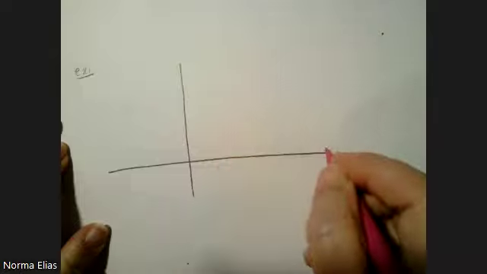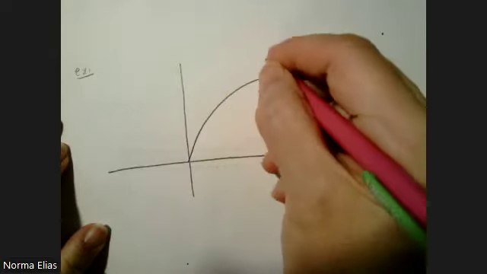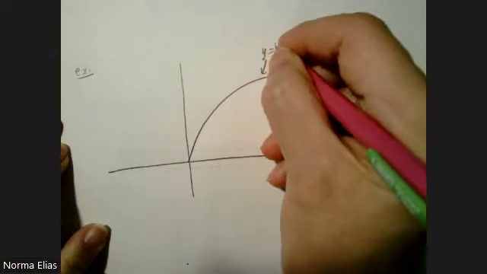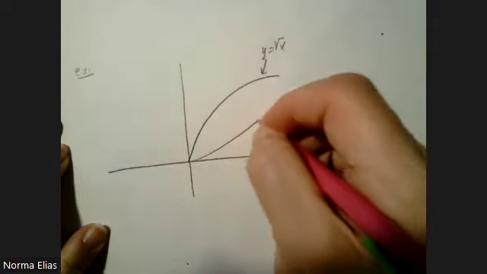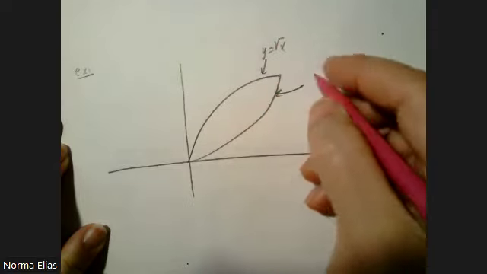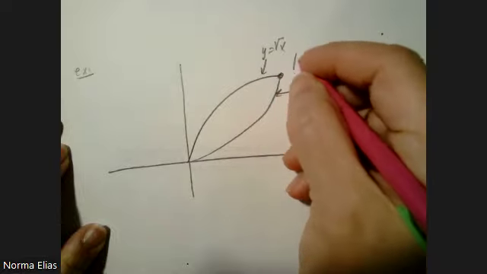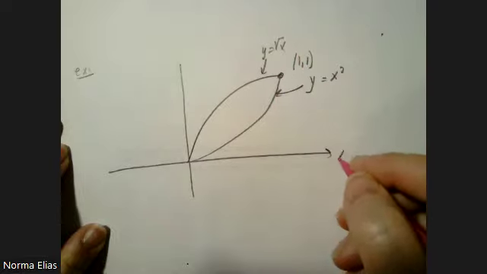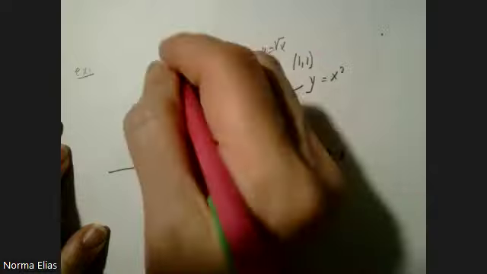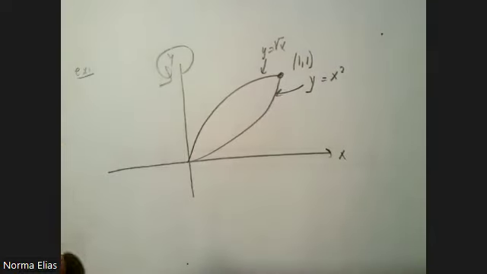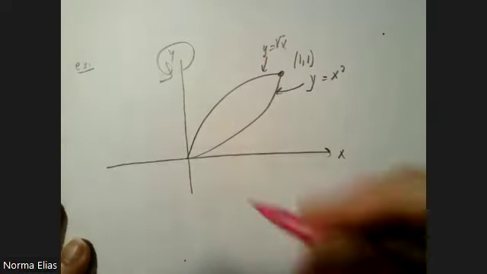Suppose I gave the following example. I'm going to draw the graph, very easy: y equals root x, and y equals x squared. The intersection point, I've done it several times. I'm going to rotate about the y-axis using the shell method.